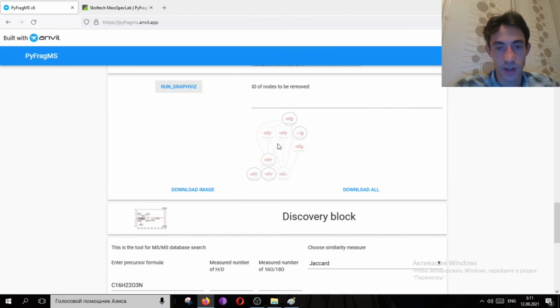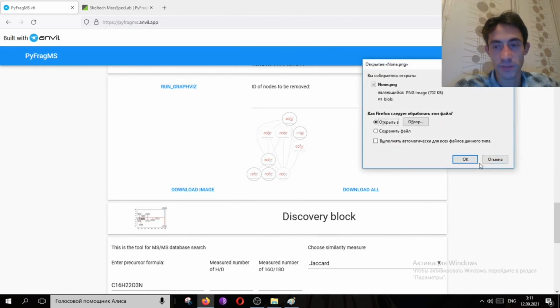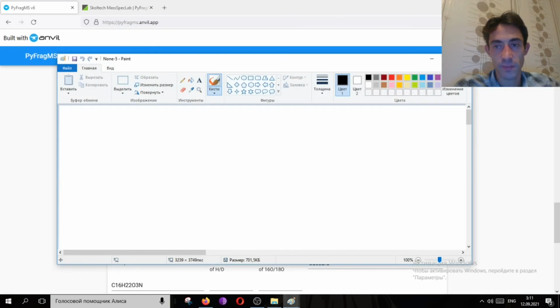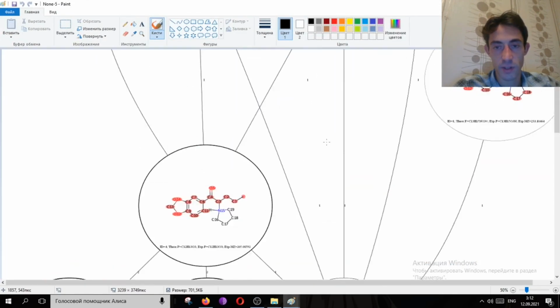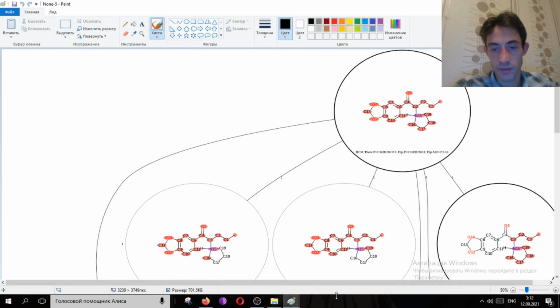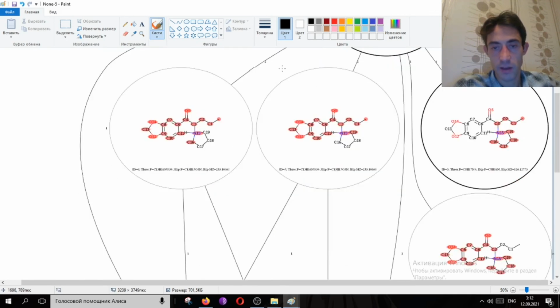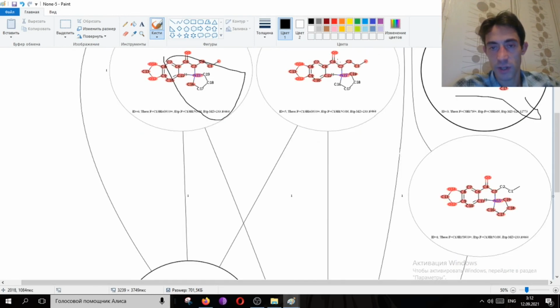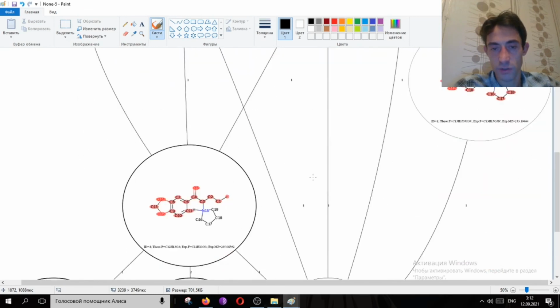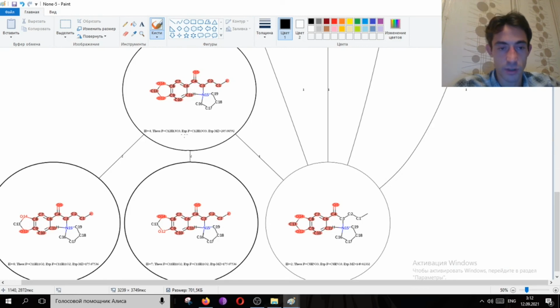You see, it's now a little bit more complicated. And you see that this is our precursor ion, possible first step of fragmentation, and for example, such ions could produce fragments, which could also produce other fragments.